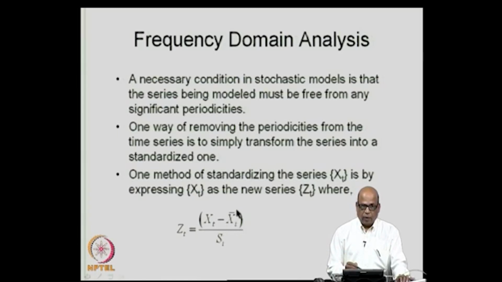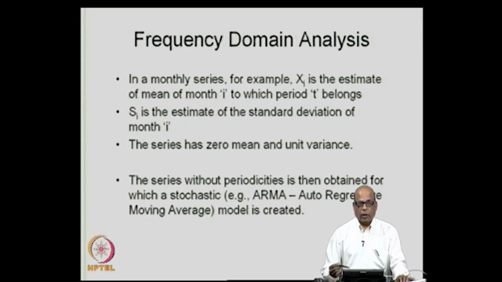Now, x I bar here indicates the mean of the particular month to which t belongs, for example, mean of the January, mean of the February and so on. Similarly, S I is the standard deviation of the month to which t belongs. So, like this we standardize the series. The series that we so standardized has a 0 mean and unit variance.